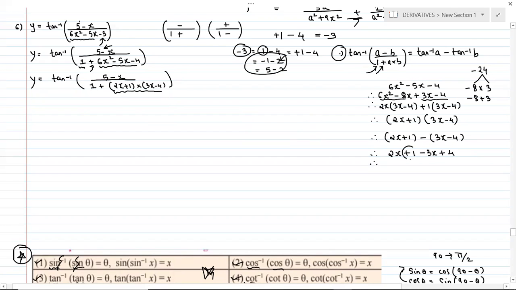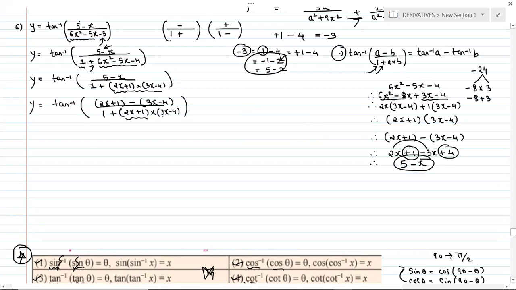Okay, so here 1 plus 4, you will get 5. 2 minus 3, you will get minus x. Yes, we are getting the numerator. Yes or no? So here we can write this 5 minus x as 2x plus 1 minus 3x minus 4 upon 1 plus 2x plus 1 into 3x minus 4. Okay, so this is a, this is b, and this is a minus b. Yes or no?